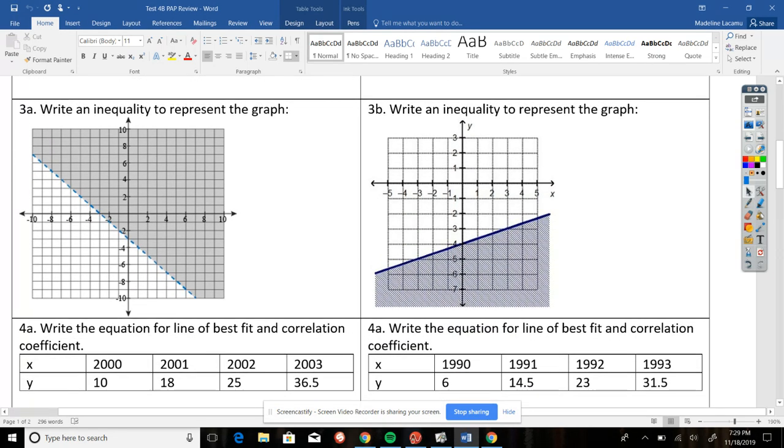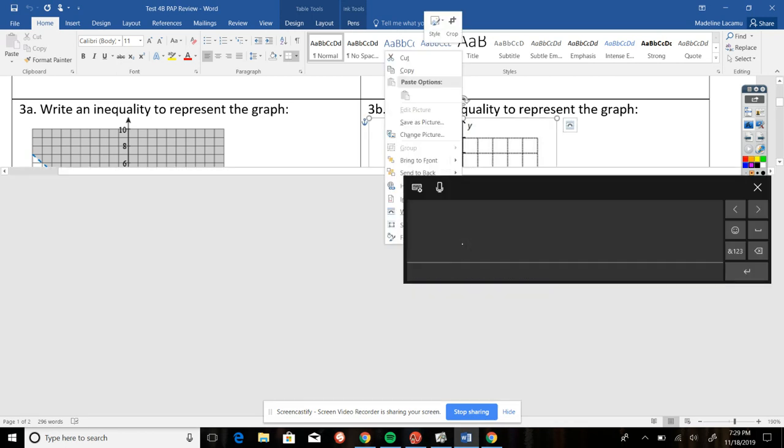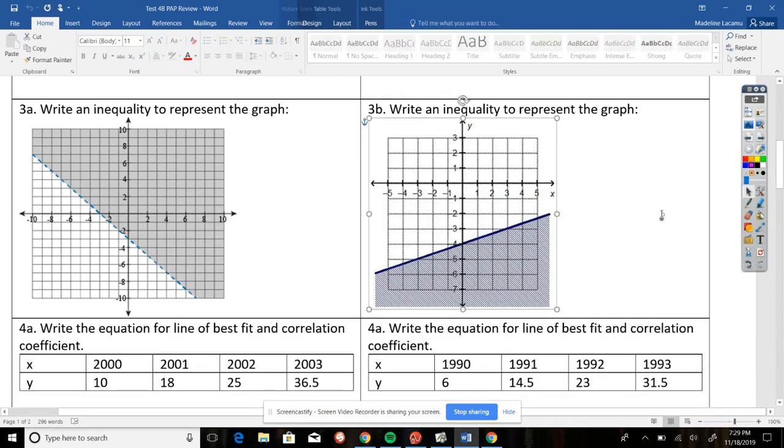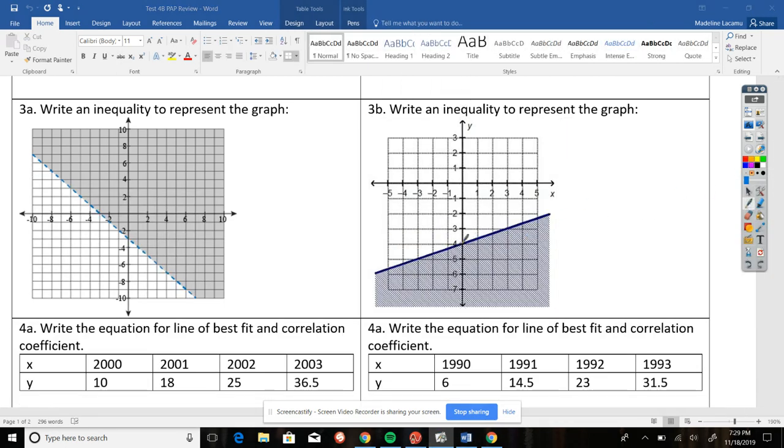3B says write an inequality to represent the graph. So first off, I need to figure out the equation of this line. If I look right here, my intercept is at negative 4. And my other point would be right here, which would be up 1 over 3.